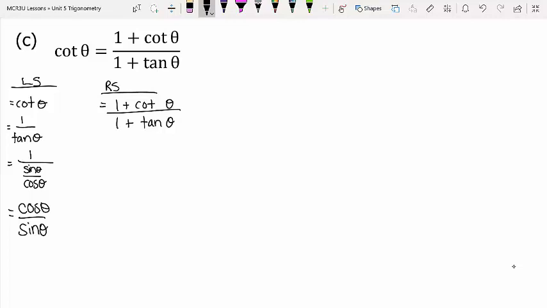So the right side, I'm going to use the reciprocal identities to switch out that cotangent theta, and I'm going to switch tan theta into sine theta over cos theta. Okay, then in that numerator, I know that 1 over tan theta is the same as cos theta over sine theta, using that reciprocal identity extended.